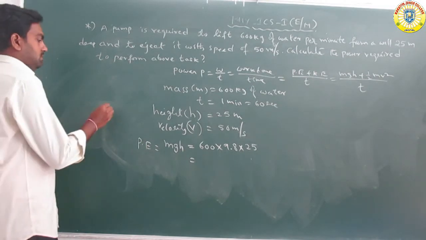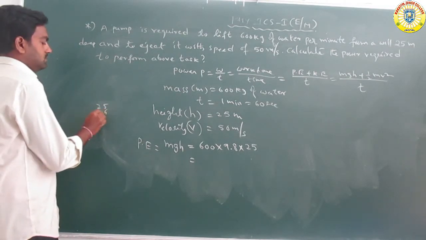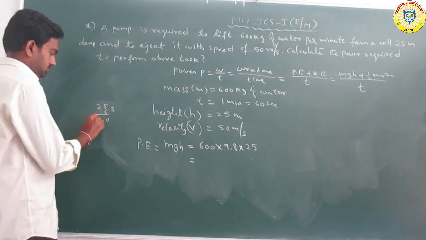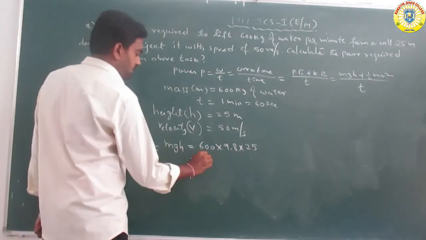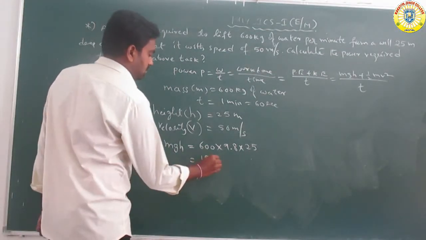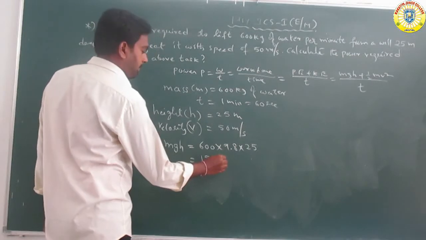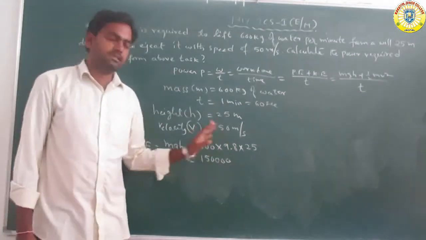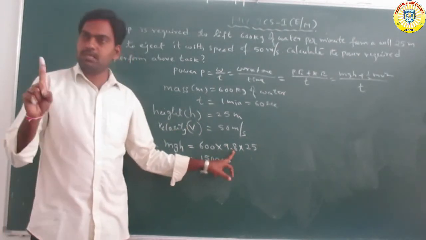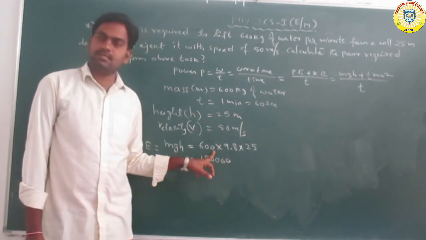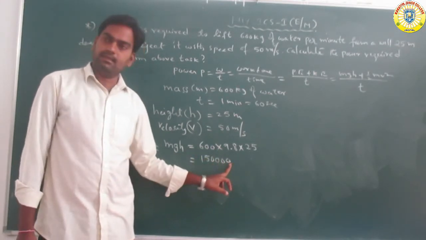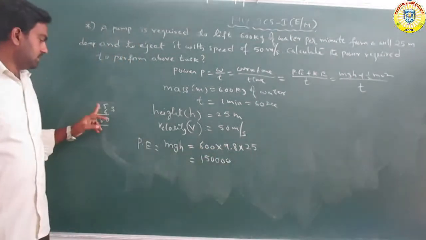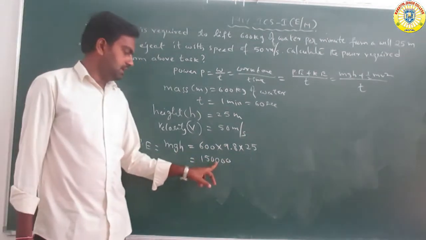Remaining 6 into 25, which is 150, and 3 zeros.